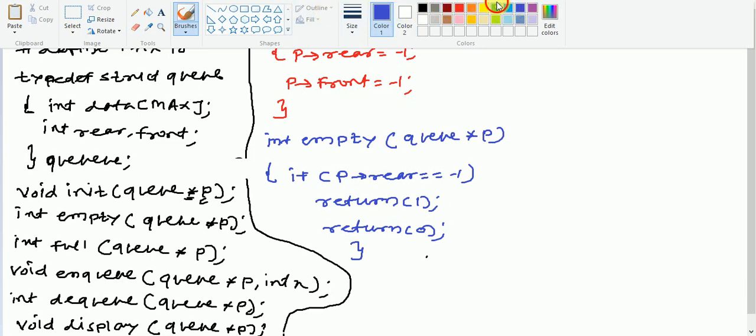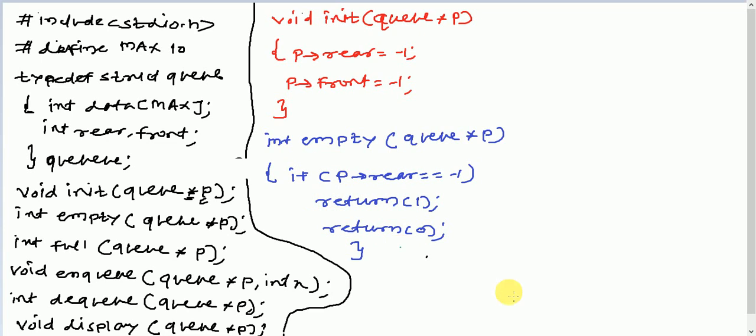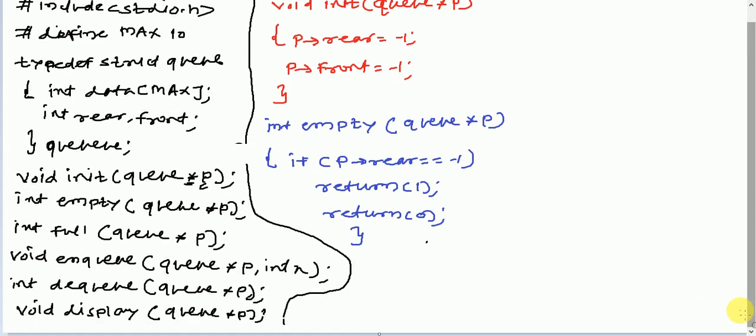Now the next function is whether Q is full or not. For this purpose we write int full, and here we will declare QP, so we are declaring the structure. Now if you look at the condition for Q is full or not, it's not like a simple Q. In a simple Q generally we write max -1, but here the condition is a little different.